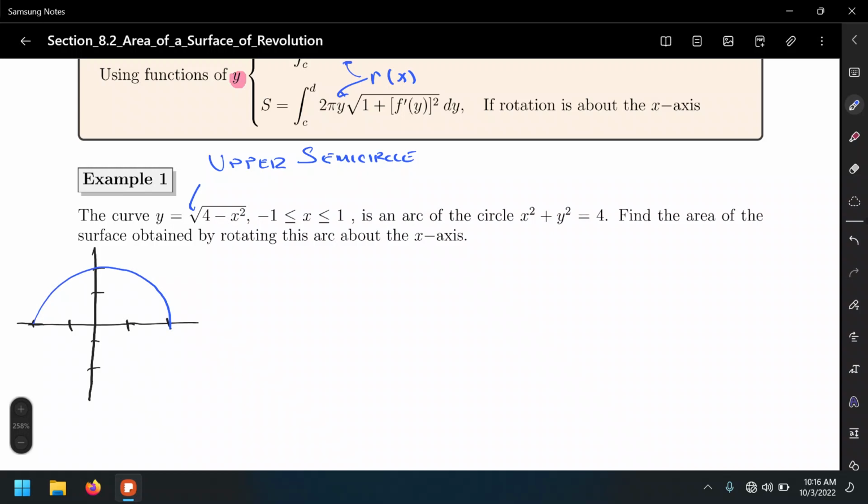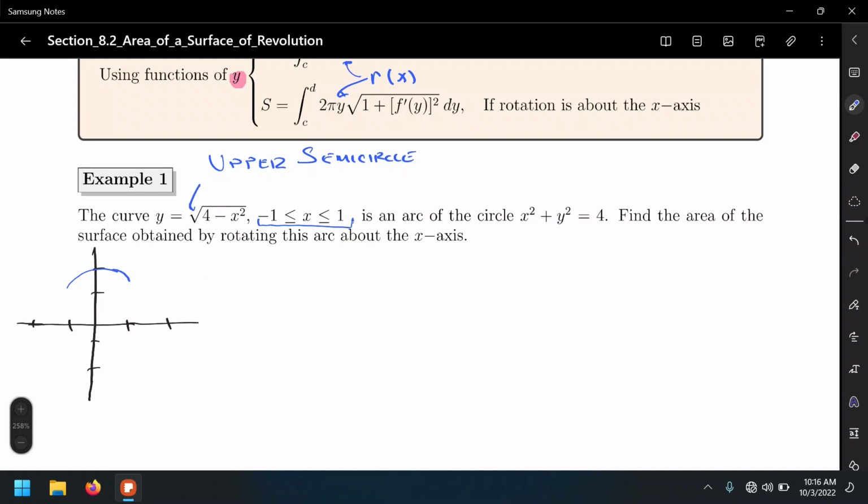However, we don't want the whole upper semicircle. What do we want instead? We just want the upper semicircle that goes from -1 to 1. So basically only this. That's the only thing that we want. All right, what else are they telling us in this case?